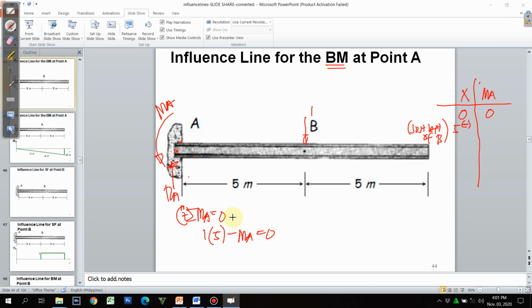So your ME is equal to 5 kilonewton meter.